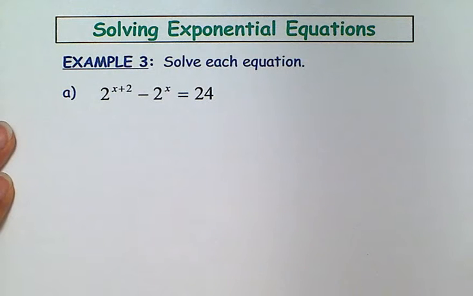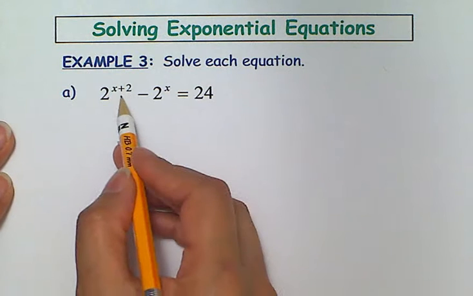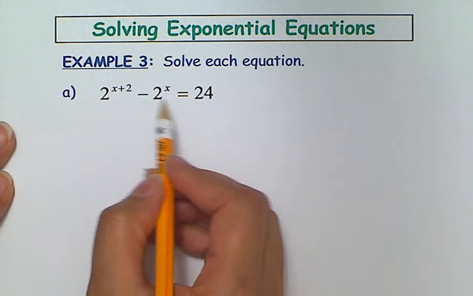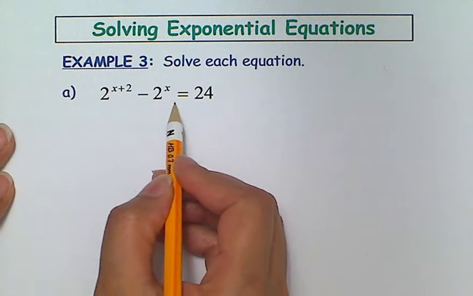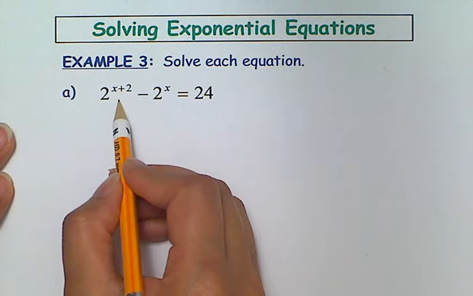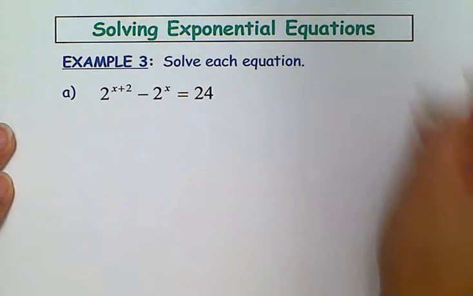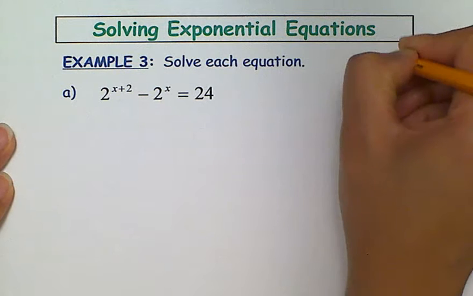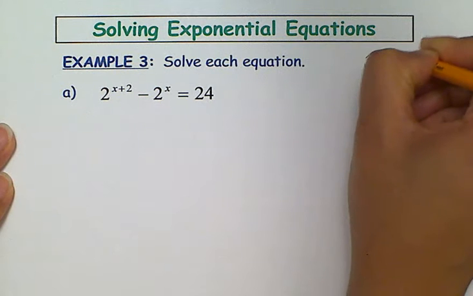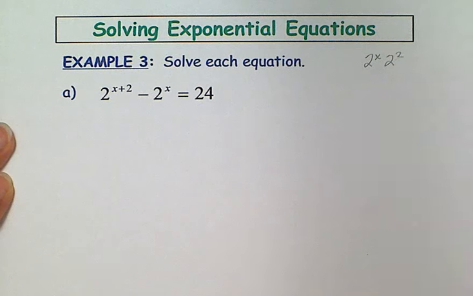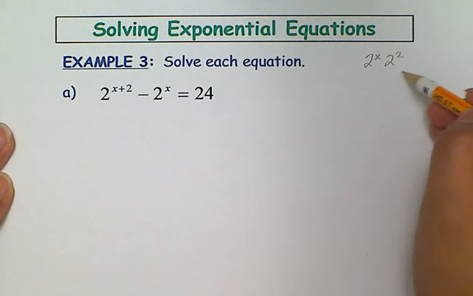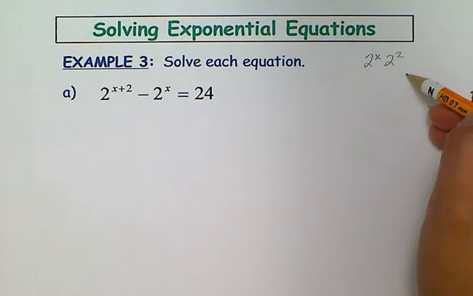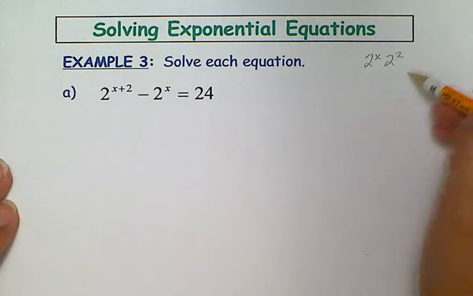So let's take a look at what 2 to the exponent x plus 2 and 2 to the exponent x may have in common. Now I can rewrite 2 to the exponent x plus 2, and if you think back to the warm-up, we had a question where we were looking at 2 to the exponent x multiplied by 2 to the exponent 2. And using the multiplication rule with exponential powers, we know that if you have the same base, you can add the exponents.